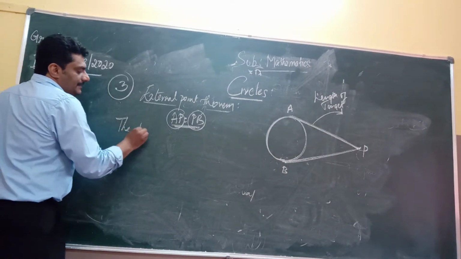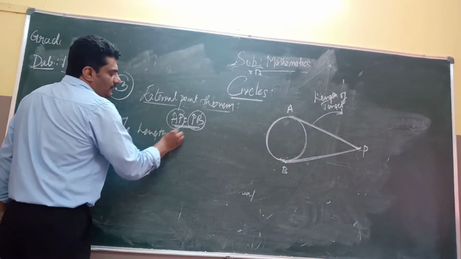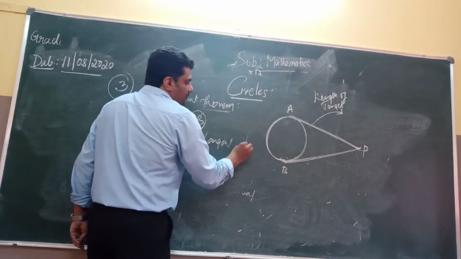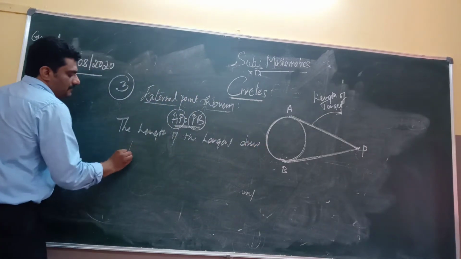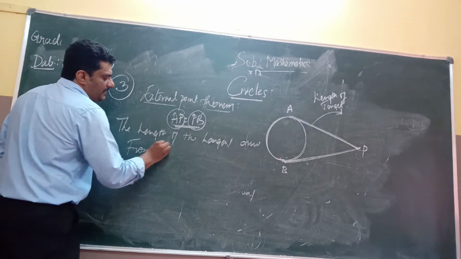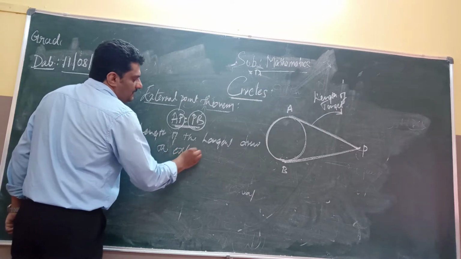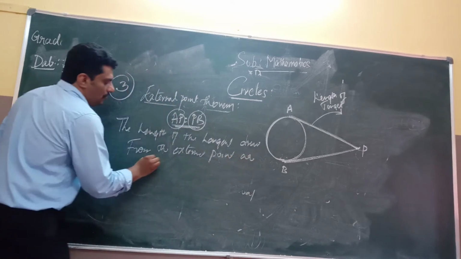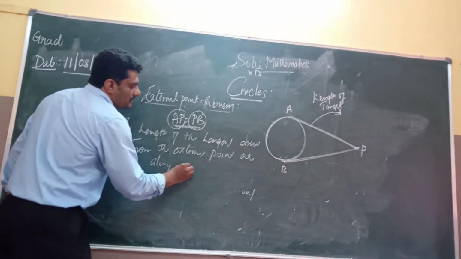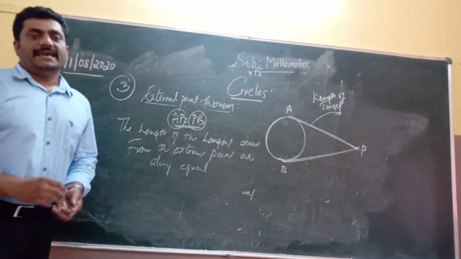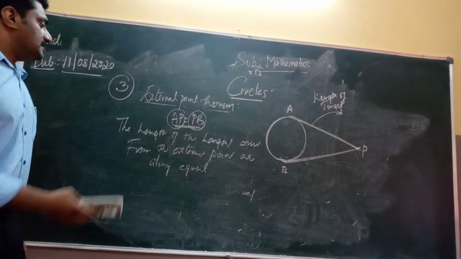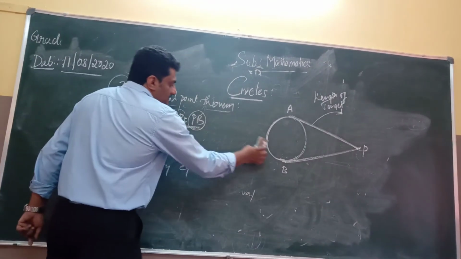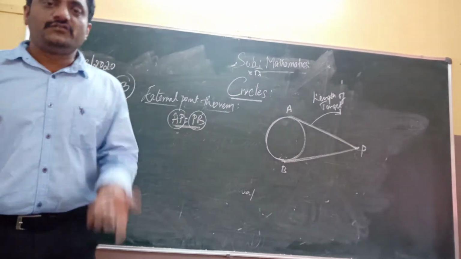The lengths of the tangents drawn from the external point are always equal. This is the external point theorem statement. So this statement we have to prove.